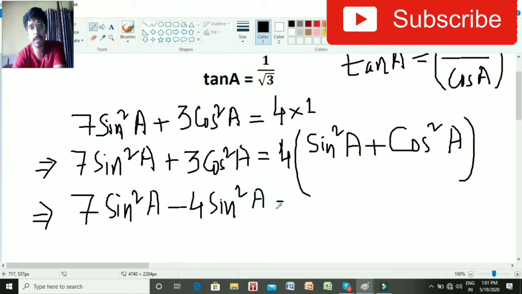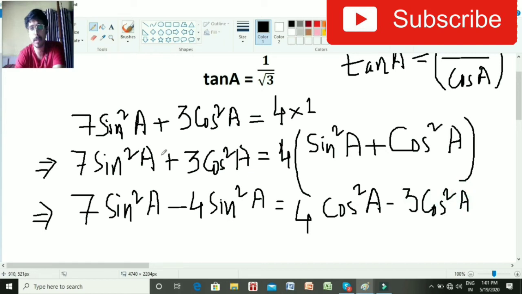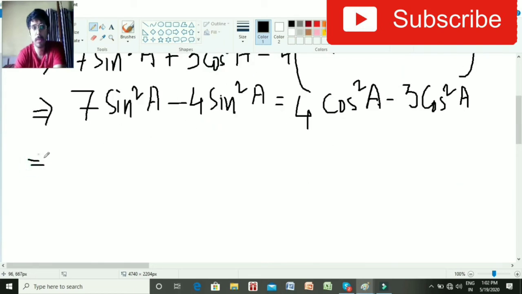On the other side we have 4 cos square a minus, now this 3 cos square a will go on the other side, so it will be minus 3 cos square a. So finally 7 sin square a minus 4 sin square a will be nothing but 3 sin square a, and 4 cos square a minus 3 cos square a will be simply cos square a.